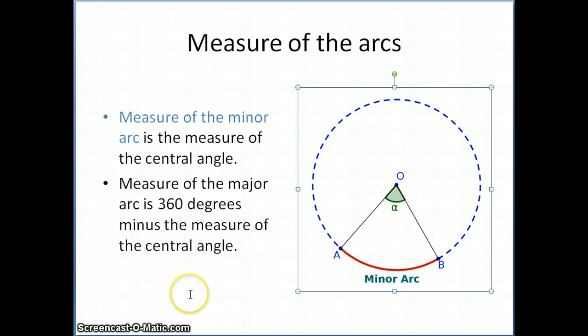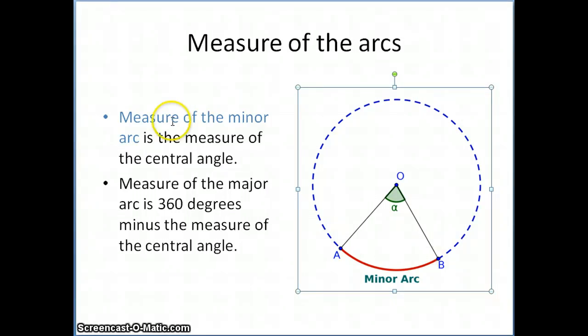This is different from how we measure a line segment. The length of an arc would be different. For the length of an arc, for example, we can use a rope. Suppose we have a rope around the circle, and if we want to find the length of this arc, we can cut the rope at this piece of arc and straighten it, and use a ruler to measure the length.